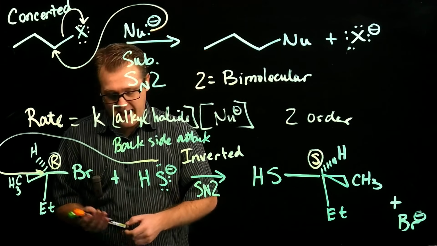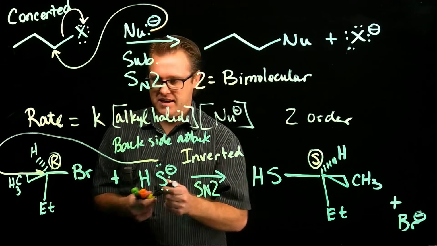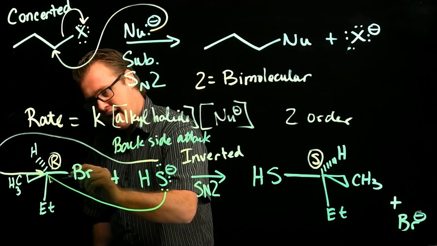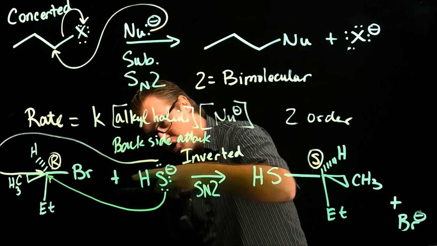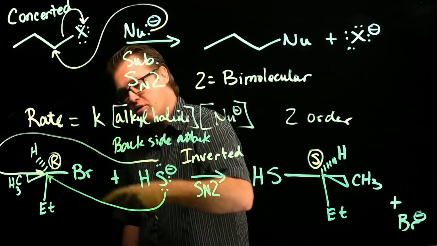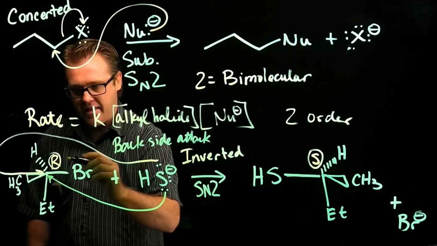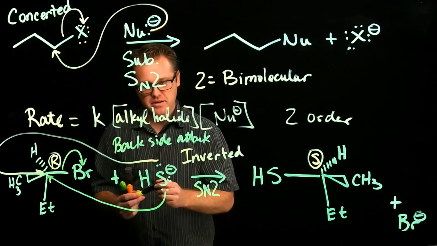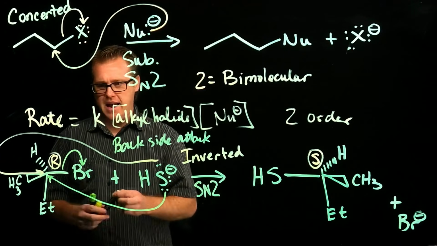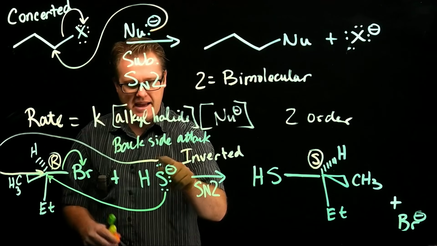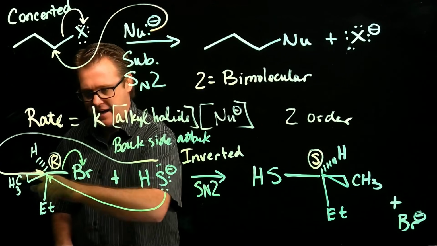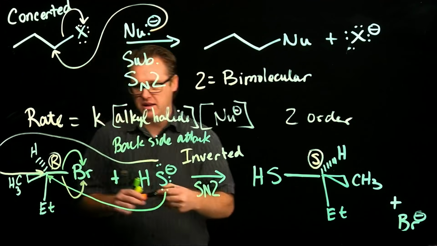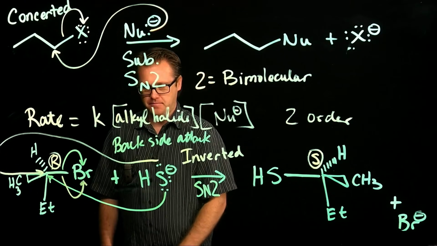What does not happen is front side attack. The nucleophile does not come in and attack from the front. You see how I'm approaching it from the front side of this bromine? And then it leaves. It does not do that. So I missed one arrow with the backside attack. When the nucleophile comes in and attacks backside, yes, the leaving group does have to leave.